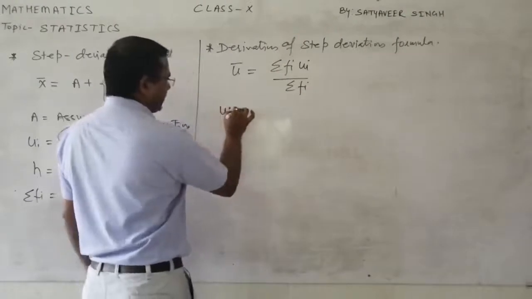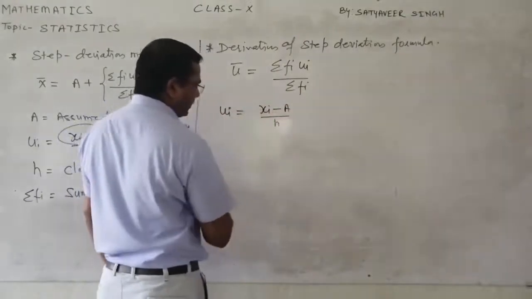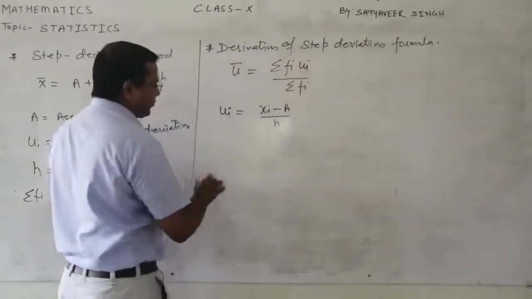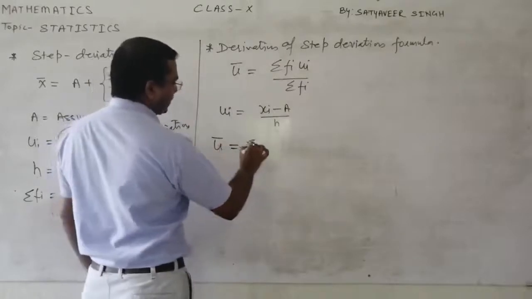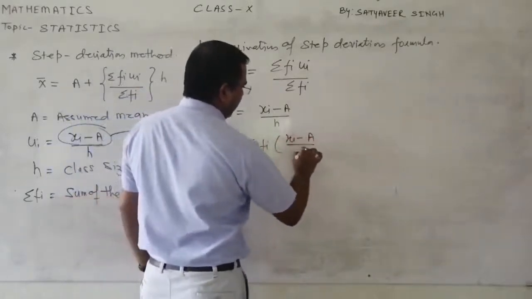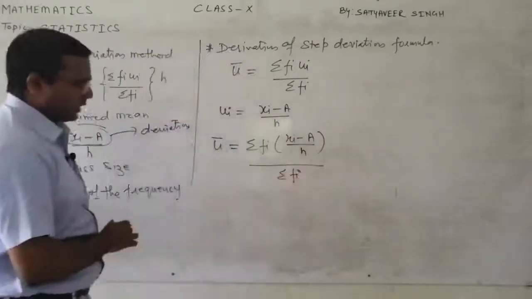See student, what is ui? It is xi minus a upon h. So if you replace this value at the place of ui, you can write summation fi into xi minus a upon h, upon summation fi, isn't it?